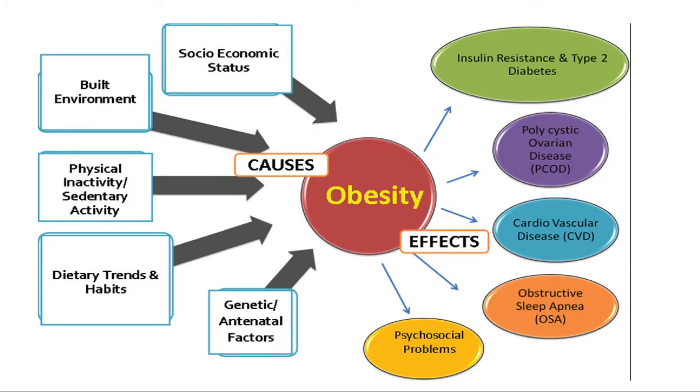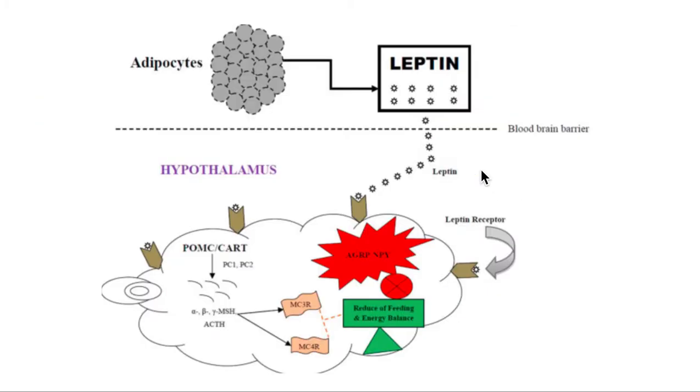The two sides of the energy equation, intake and expenditure, are finely regulated by neural and hormonal mechanisms, so that body weight is maintained within a narrow range for many years. Apparently, this fine balance is controlled by an internal set point or lipostat that senses the quantity of energy stored in adipose tissue and appropriately regulates food intake as well as energy expenditure.